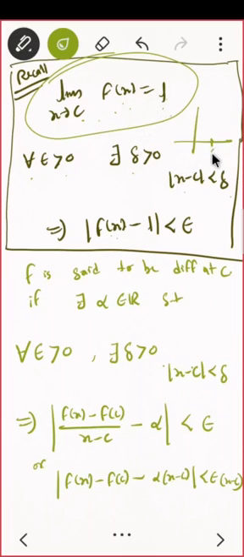There will be your c, you will have a delta neighborhood for this, and there will be your f of c, there will be an epsilon neighborhood, so you will be packed in a rectangle. What is your requirement? You want the function's value to be inside this. That's it. That is the simple definition of differentiability. Yeah, is that okay?